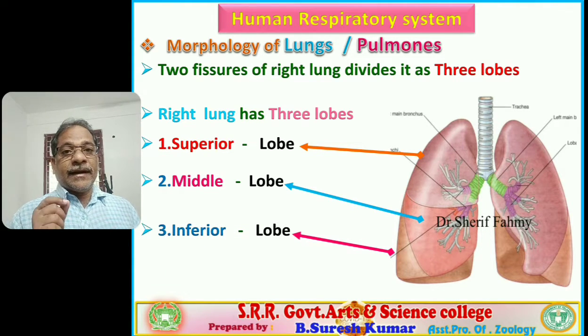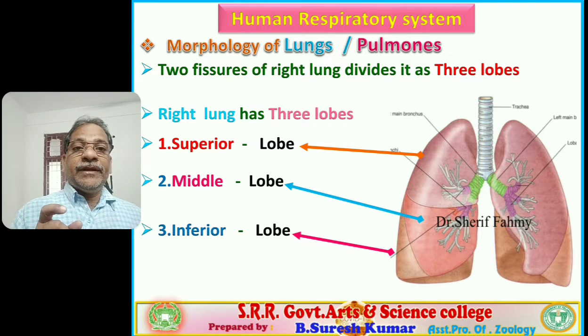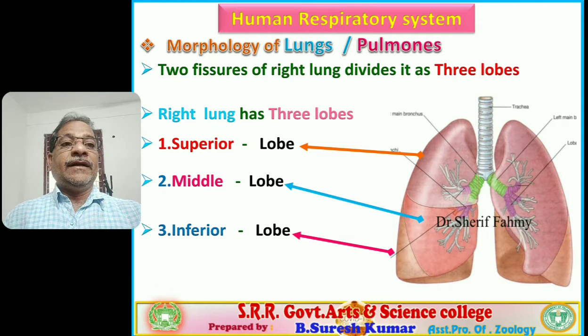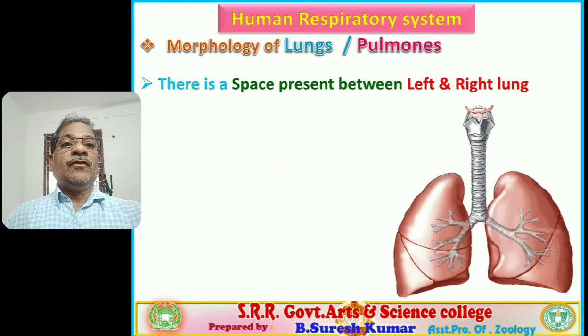So the right lung contains three lobes, namely the superior lobe, middle lobe, and inferior lobe. The difference is only the middle lobe. The middle lobe is additional in the right lung. Remember, the remaining two lobes are common to both the left and right lungs. Followed. Right. With this, we completed the lobes.